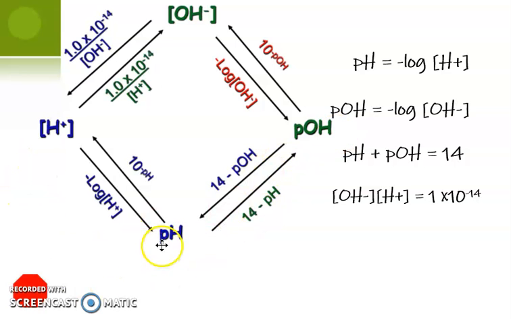Now, to get the pH from the hydrogen ion concentration, we would take the negative log of it. To get the hydrogen ion concentration from the pH, you would take the anti-log of it. Okay, then let's go up this side here.